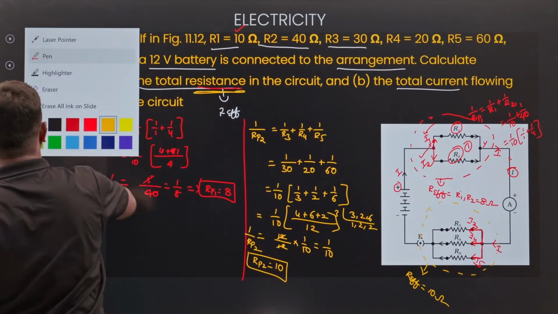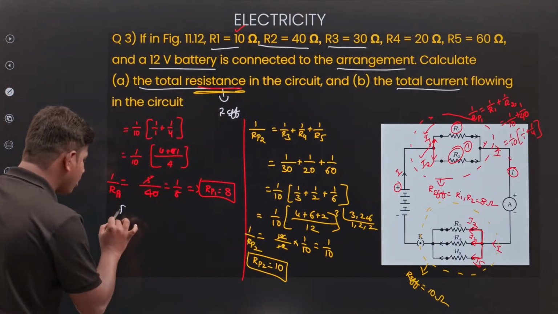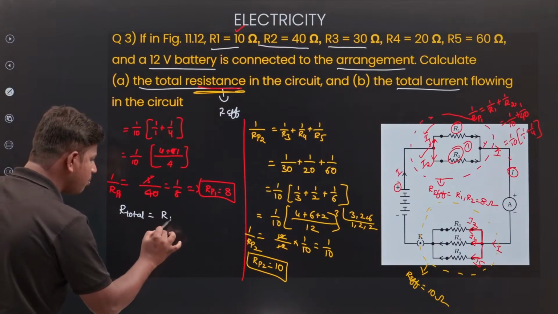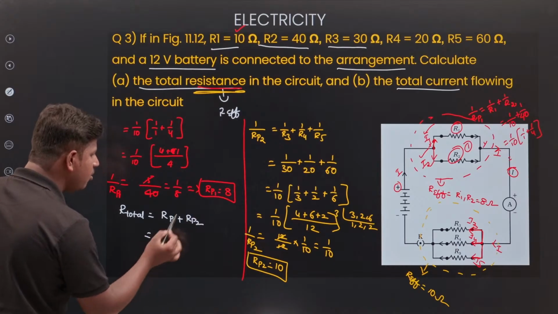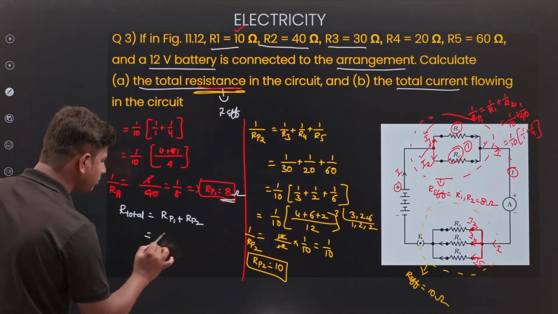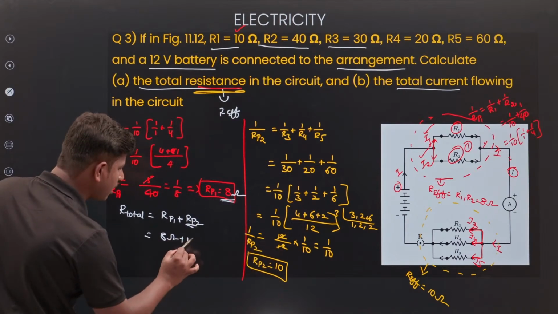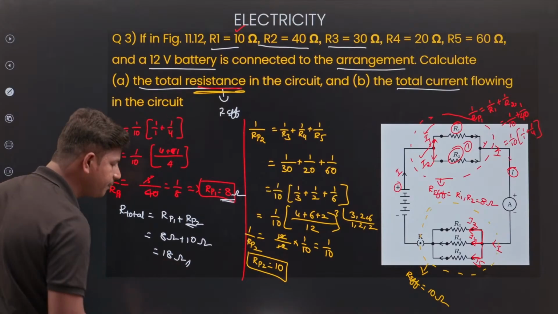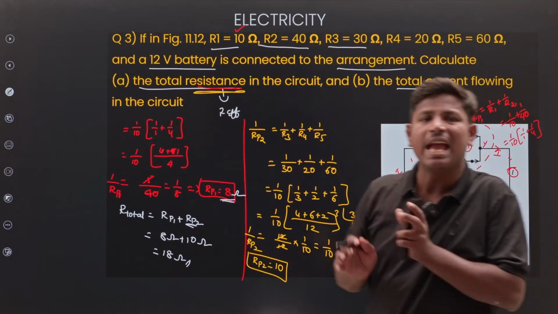R total is equal to RP1 plus RP2 only. RP1 is 8 ohms, RP2 is 10 ohms. Then totally 18 ohms. Simple. Total resistance in the circuit is 18 ohms only.